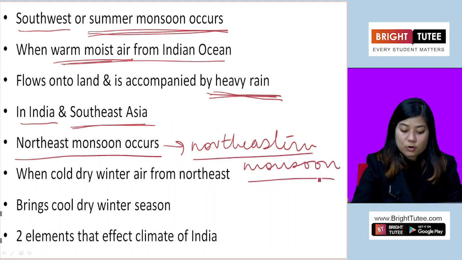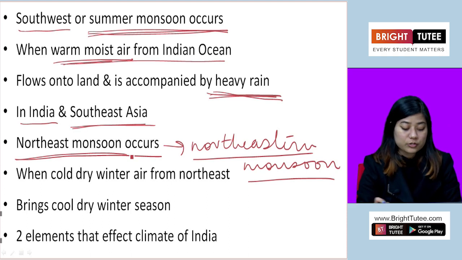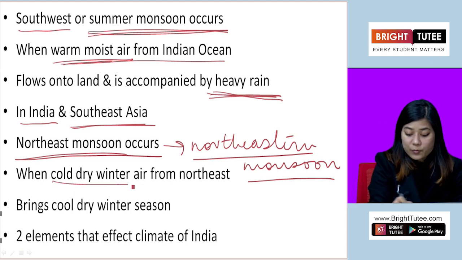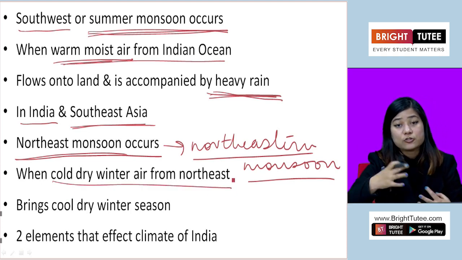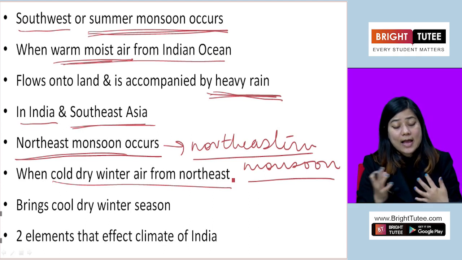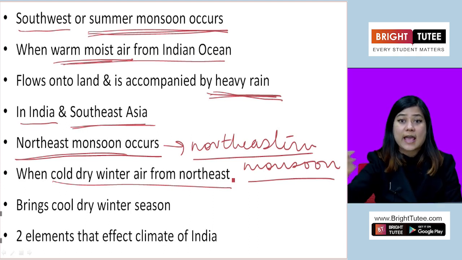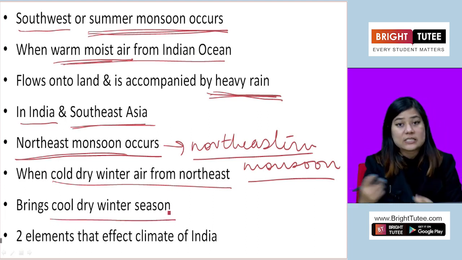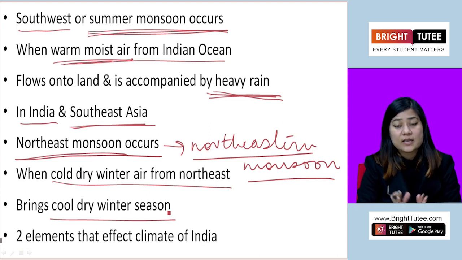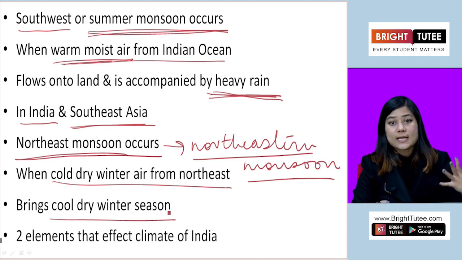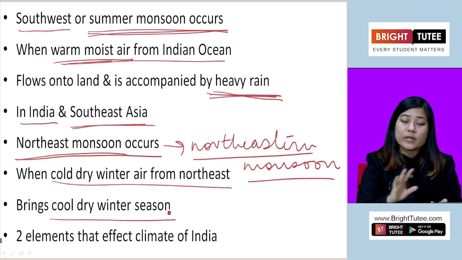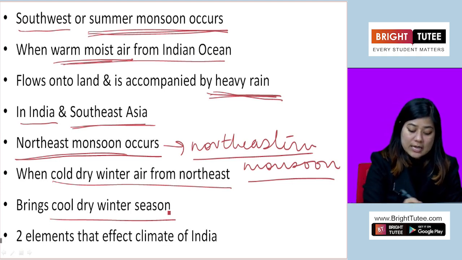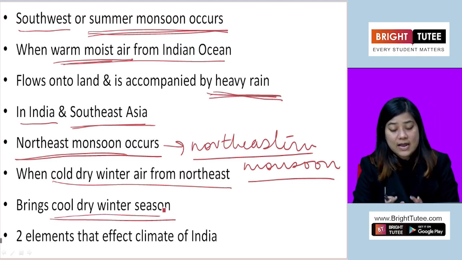This wind brings cold, dry winter air from the northeast into mainland India, and as a result a cool, dry winter season is brought in the mainland area. So one, the southwestern monsoon, is bringing heavy rain. The northeastern monsoon is bringing a cool, dry season.